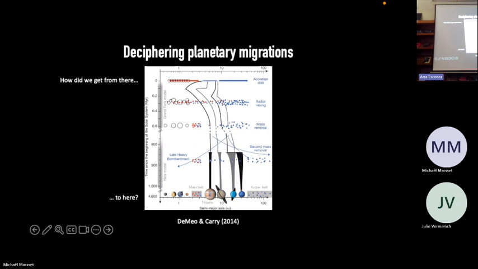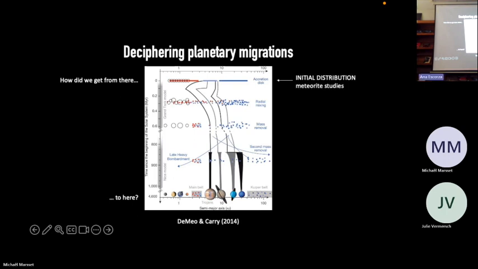So if we want to understand the details of this planetary migration, how we got from this very flat disk of planetesimals to the present day architecture of the solar system, well, it's a constant conversation, a constant dialogue between three fields of research.